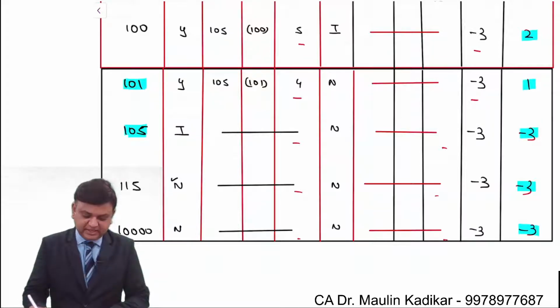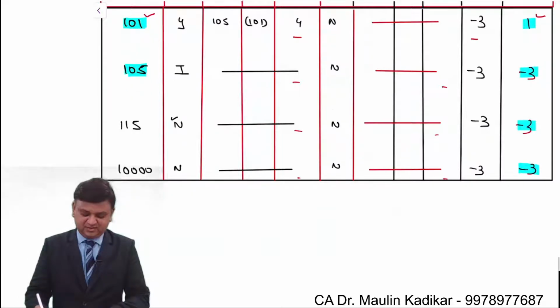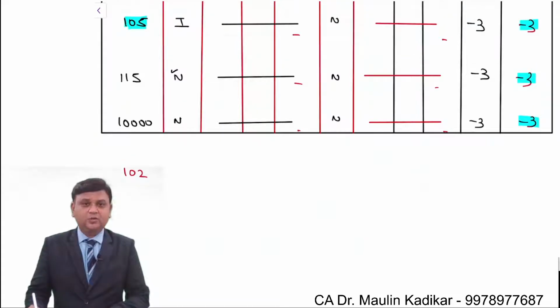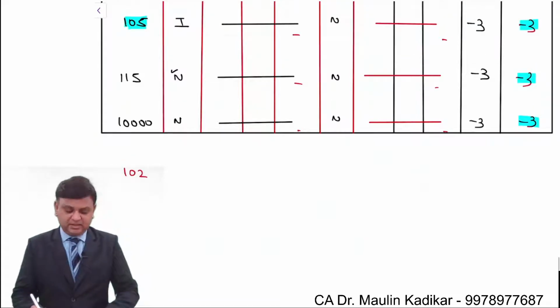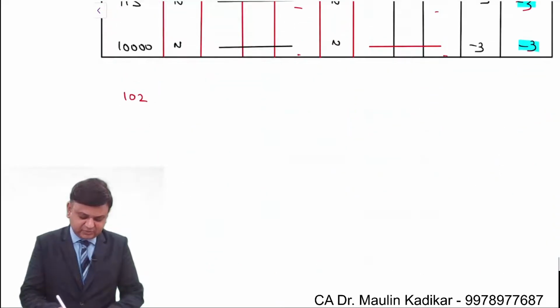So let me take the base price of 101, and to that this 1 rupee of the difference would be added. So 102. 102 is less than 105. So we will exercise our put option.